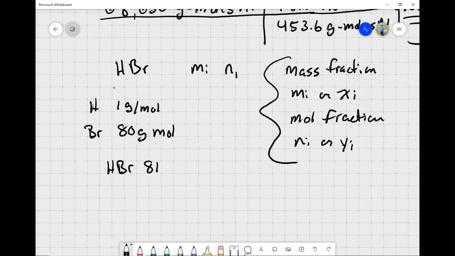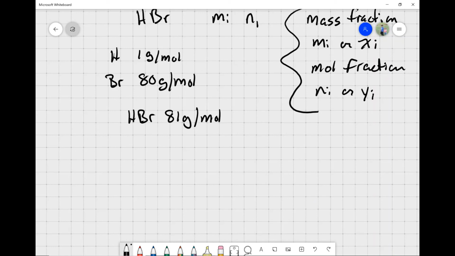I'm sorry, 81, because it's 80 plus 1, 81 grams per mole. And I probably should be writing it a little bit more sensical. So let me at least fix it here. I'll fix it on all of them. I'm sorry. Oopsie.